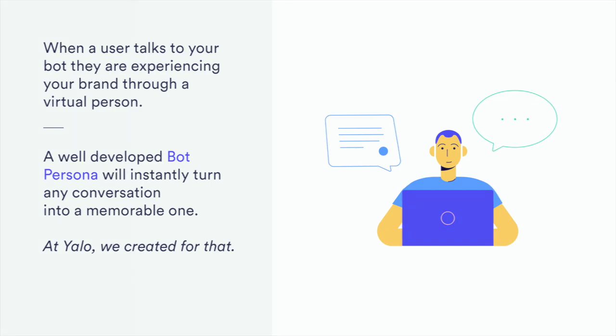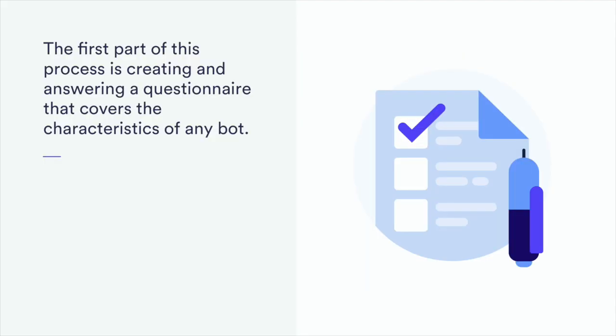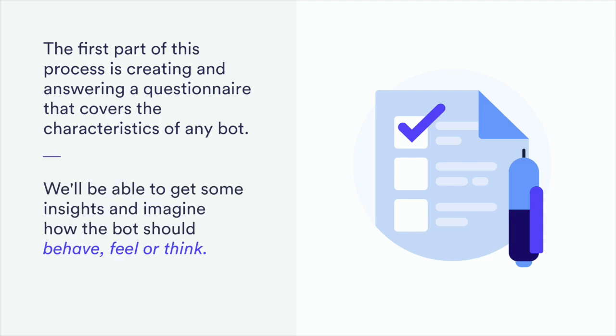Right, so the first part of this process is creating and answering a questionnaire that covers some of the more humane characteristics of any bot. Through these questions, we'll be able to get some insights and imagine how the bot should behave, feel, or think. If you're designing bots for another company, make sure to bring them on board.